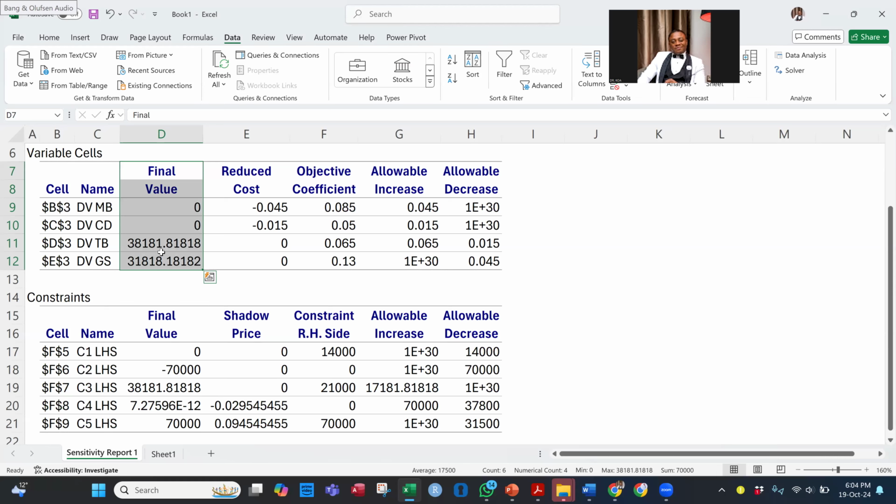You can tell me, looking at the results. What is the optimal solution?